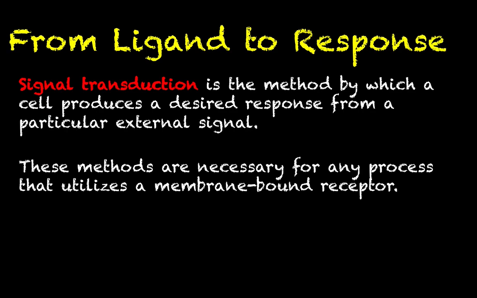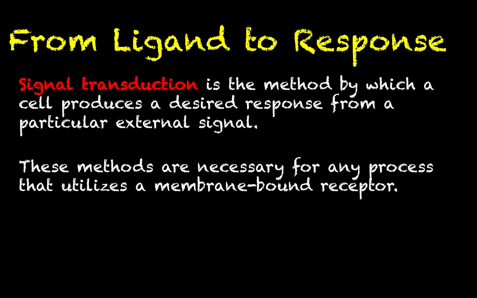And obviously, in previous lessons, we've talked about the difference between membrane-bound receptors and internal receptors. Signal transduction is not quite as necessary for internal receptors because the signal, the ligand, in those cases is hydrophobic and can cross through the membrane. So signal transduction is mostly going to be necessary for ligands that cannot pass through the membrane.